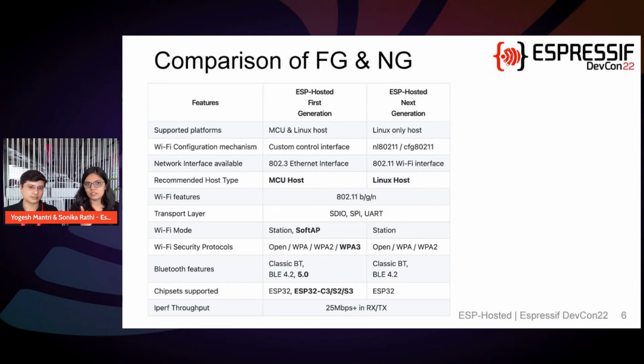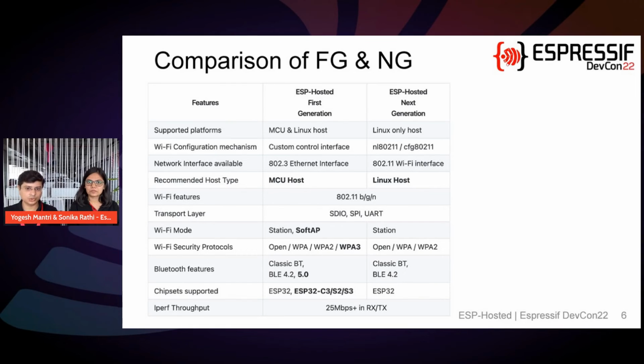Okay, Yogesh, hold on here. I can see Linux host is supported by both solutions. So what is the difference then? I mean, if I can use Linux host in both cases. Okay, that is good. I was expecting this question. First generation is usable by the MCU and the Linux host both. If you remember, in first generation we had a custom control path which was usable by the MCU and Linux host both.